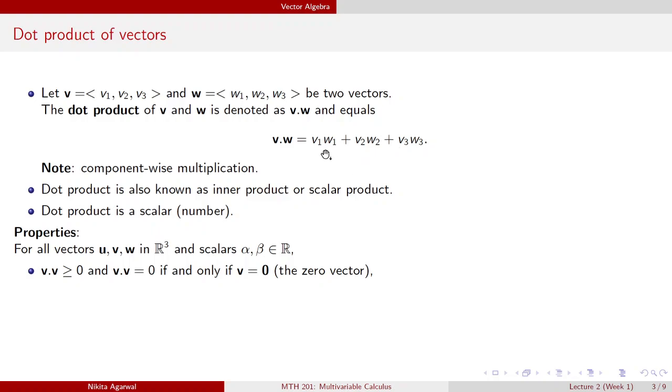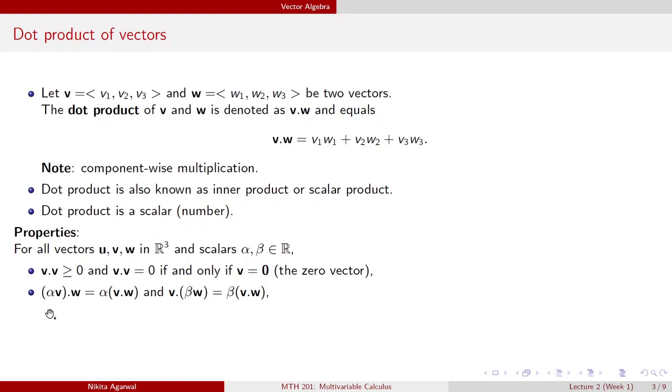So you get V1 square plus V2 square plus V3 square. So it's a sum of squares of real numbers, so it has to be greater than or equal to 0, right? And when will it be 0? If and only if all the three components V1, V2, V3 are 0, right? So this is an important property of dot product.